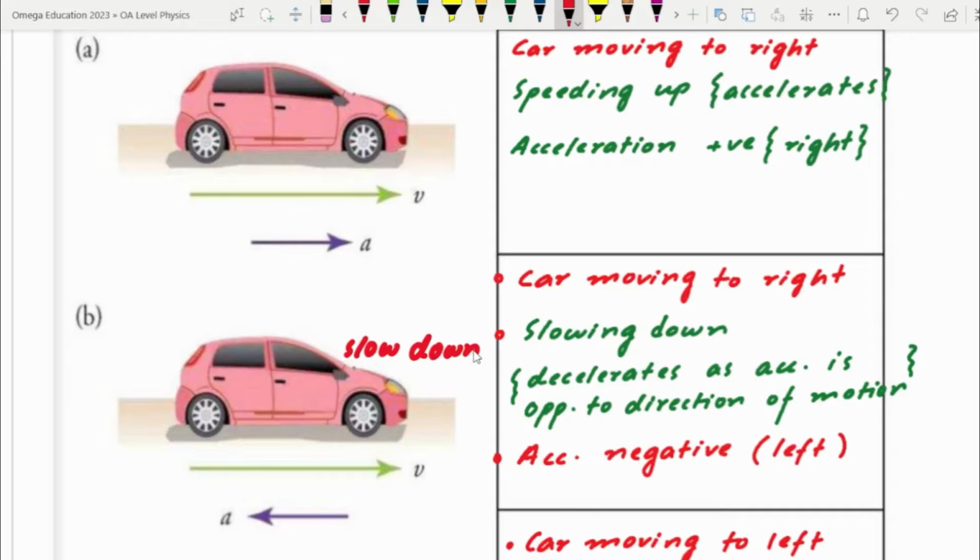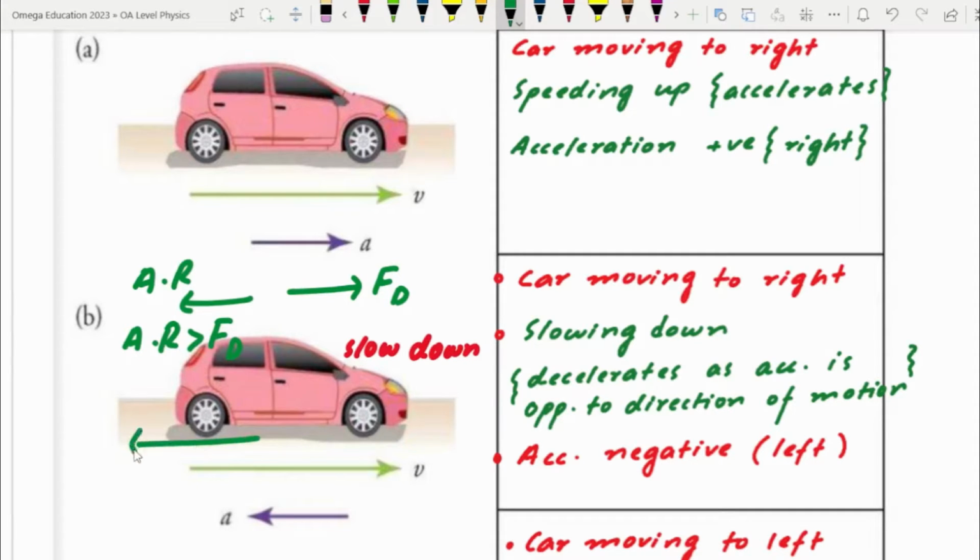Now the next thing. What is the direction of the acceleration? I told you the direction of acceleration is in the direction of the resultant force. You have one force which is a driving force forward, and the backward force would be air resistance. If you're slowing down, that means air resistance is greater than the driving force.